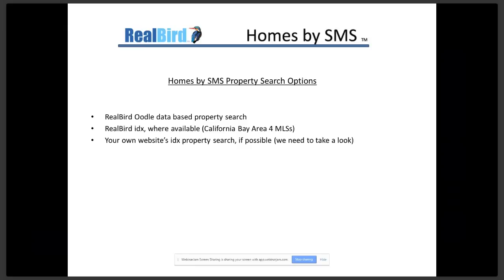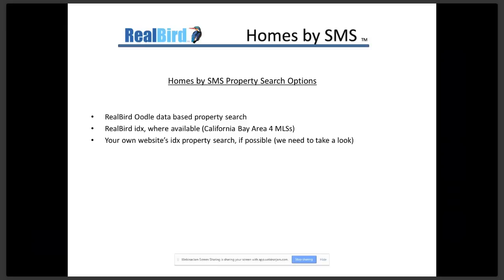The requirement for us hooking up this texting to your property search on your website is that the search parameters are available explicitly to be manipulated. So on our server, when we get, let's say, Chicago or whatever, we can automatically query your property search and then manipulate it like that. So we have to take a look at it, and all you have to do is email us your property search if that's what you want to do.